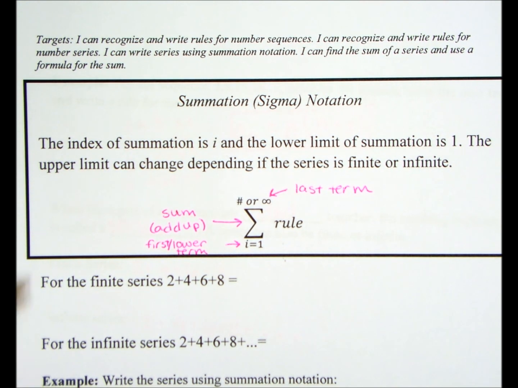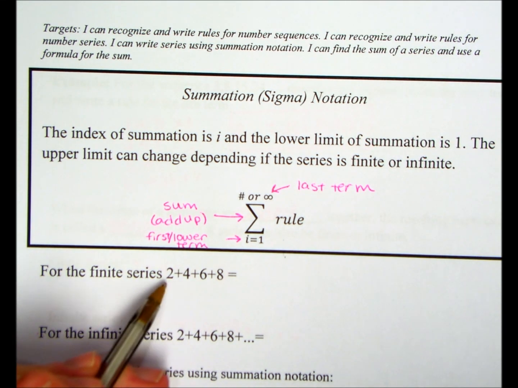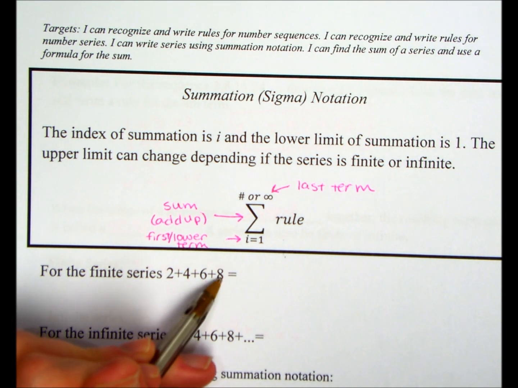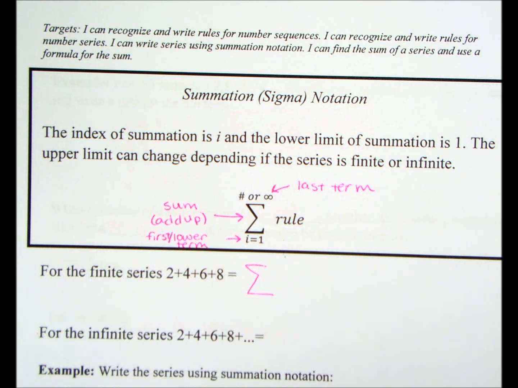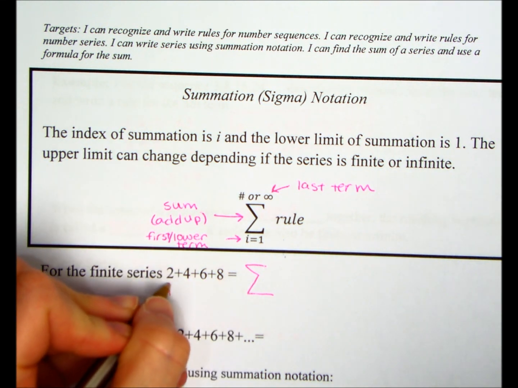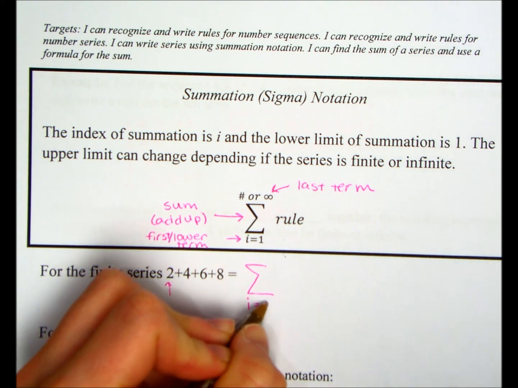So this goes back to the second page here. So if I have this finite series 2 plus 4 plus 6 plus 8, I would create in sigma notation, big fancy E. I am starting with a first term. So I'm going to say my i is equal to 1.